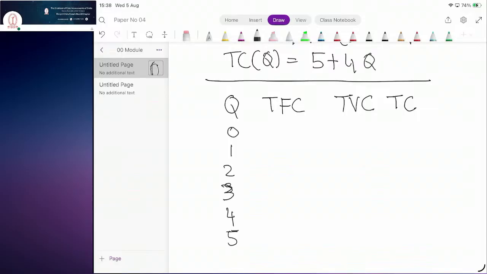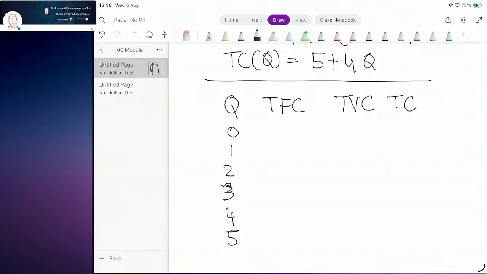Quickly fill in this table. Fill in this table. Fixed cost, how much have we calculated? 5. So it does not change. It will remain as it is. Total cost.